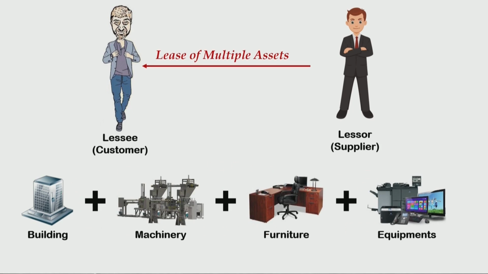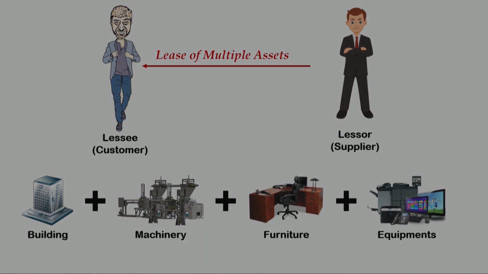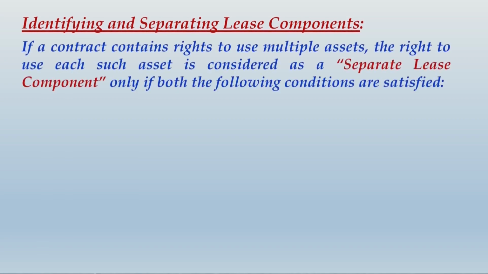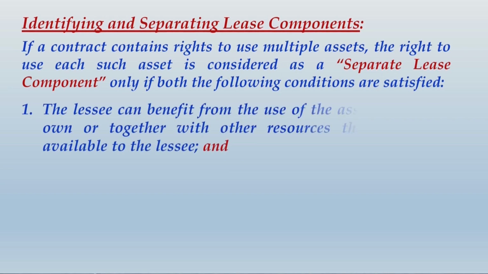So let us do one thing, let us write up the notes about what we have just discussed. Identifying and separating lease components. If a contract contains rights to use multiple assets, the right to use each such asset is considered as a separate lease component only if both the following conditions are satisfied.